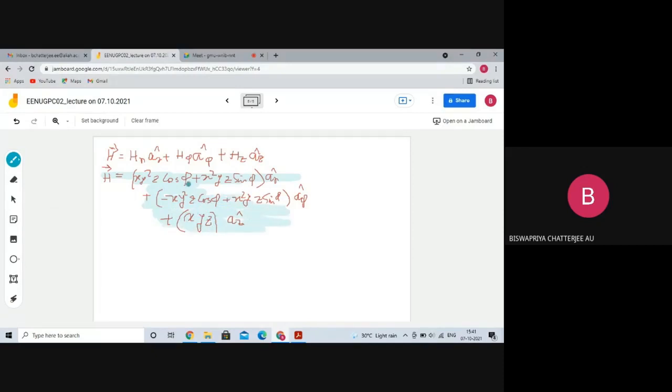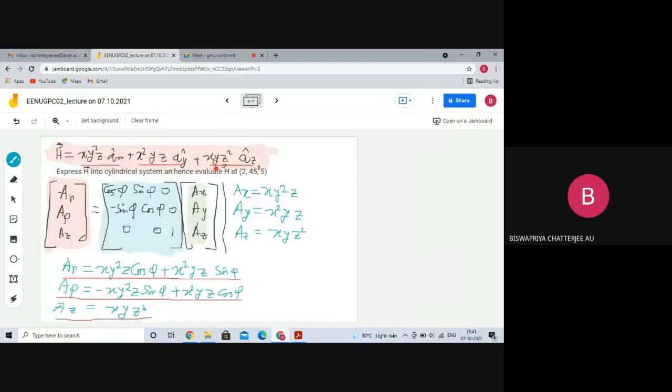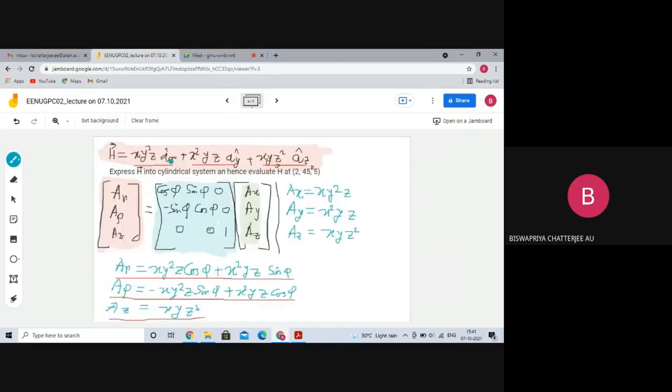Why? The reason being, if you see in the Cartesian system, the parameters are x, y, z.